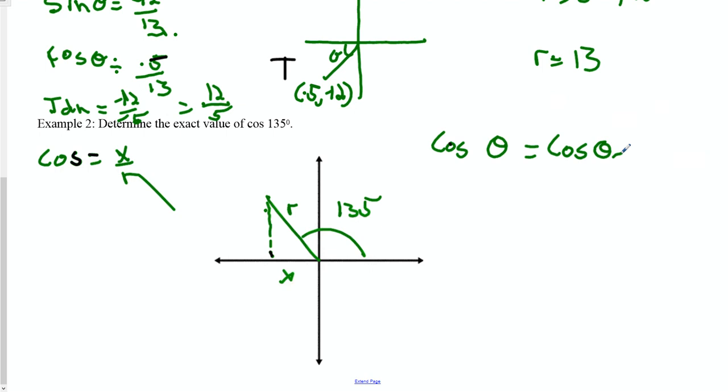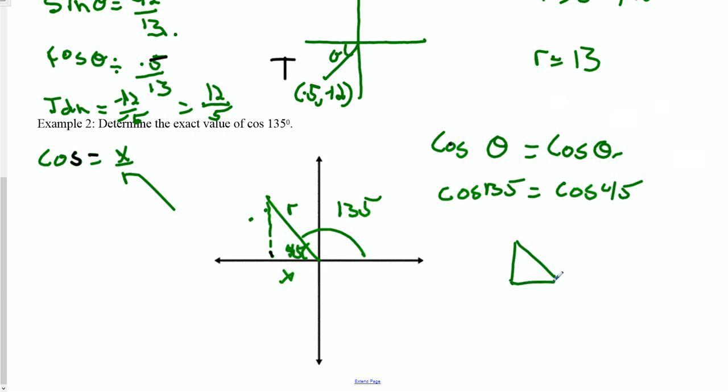Okay? Now I know if this is 135 degrees, 180 minus 135, that makes this 45 degrees. Sorry it's so messy, guys. But that means cosine 135 equals cosine 45.